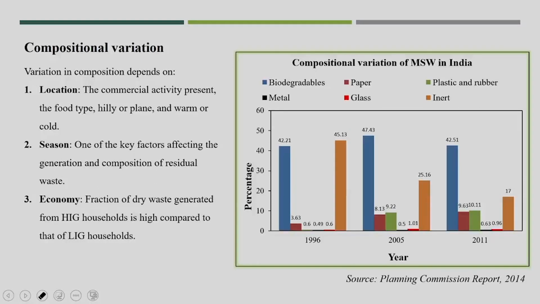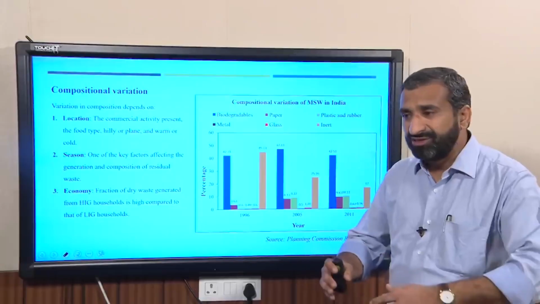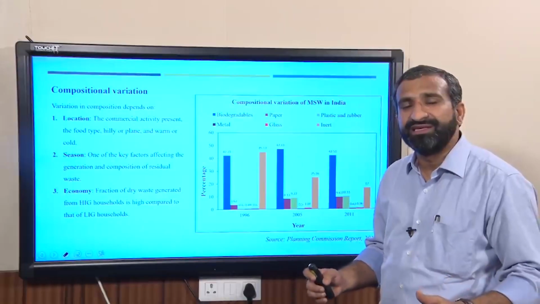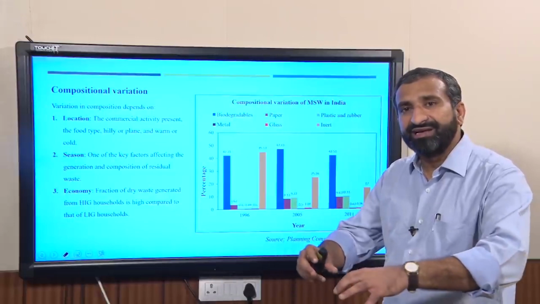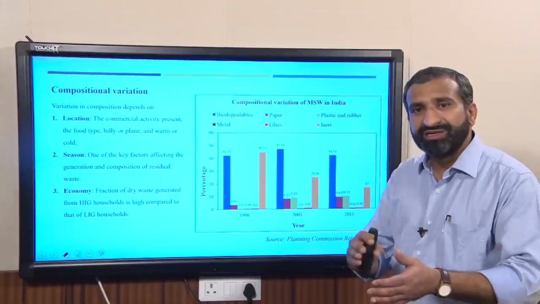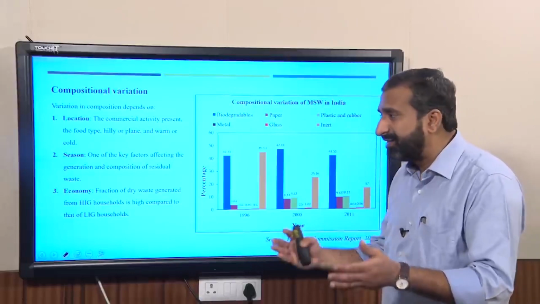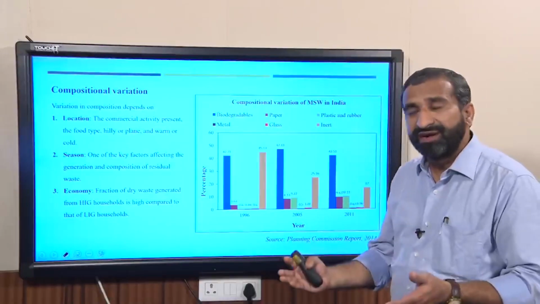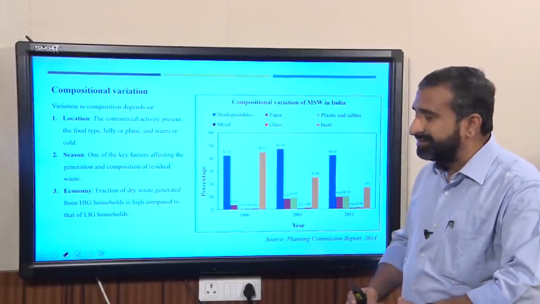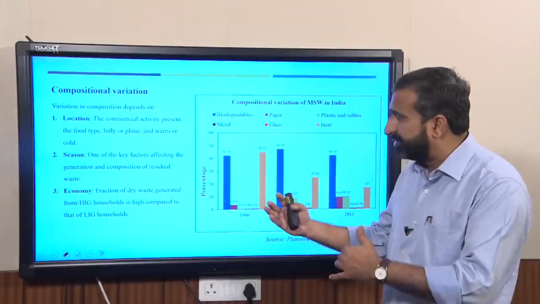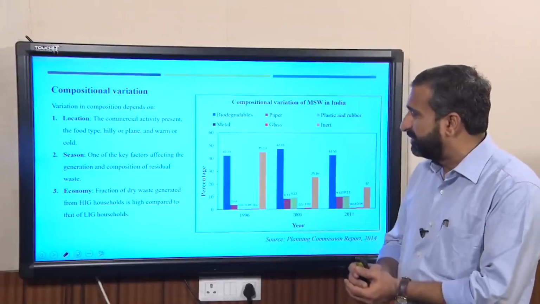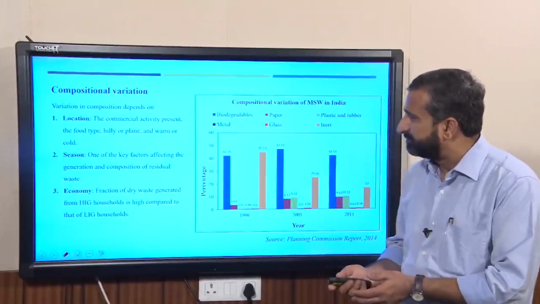That is why when you do the sampling, if you collect samples from the city area, the entire area has to be separated into high income group, low income group, commercial areas, market areas, and vegetable markets, because with time and with the economy, the waste composition changes.